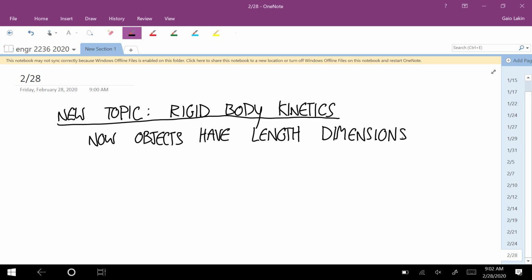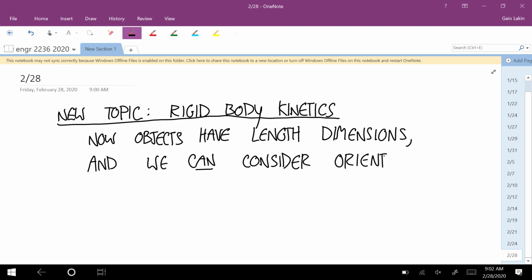And we will be able to take orientation into account. And rigid body kinetics can happen in 2D or 3D. We're going to be doing it in 2D.